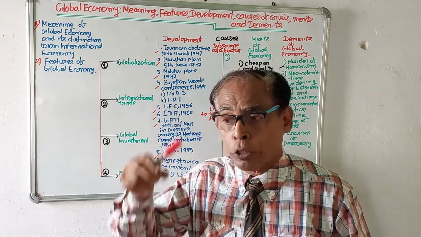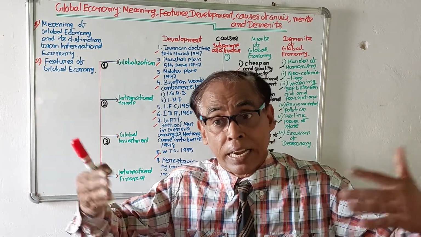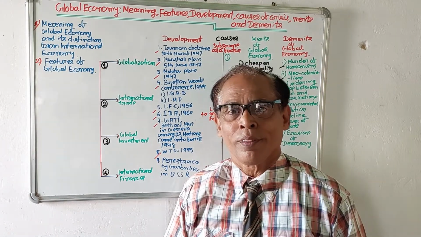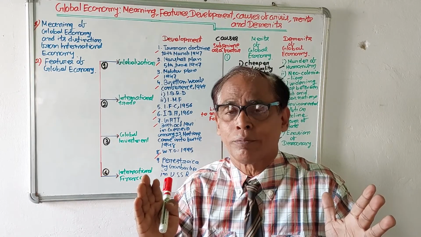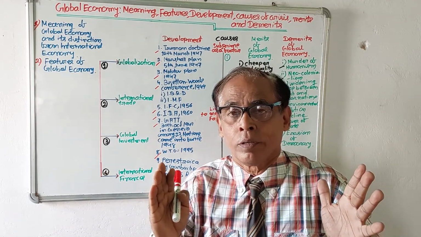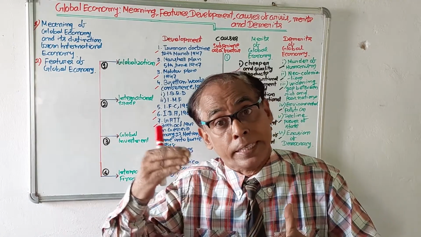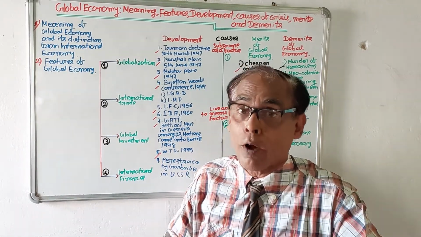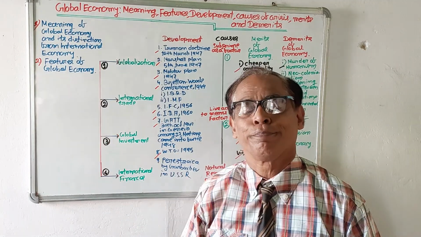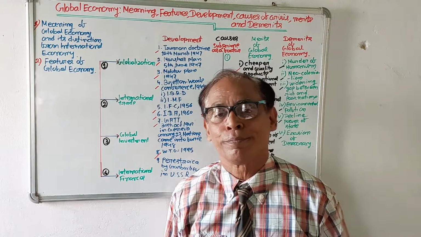If you throw a stone to the pond, the effect will be felt in the entire pond. In a similar manner, global economy means the economies of all world will be interlinked, and if there will be change in the economy of one country, it will affect all. It is known as the global economy.